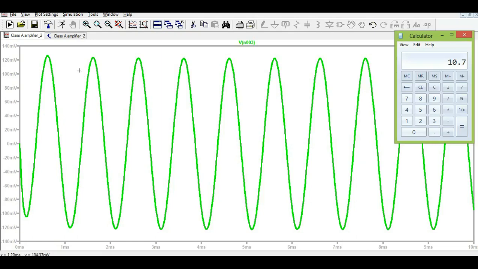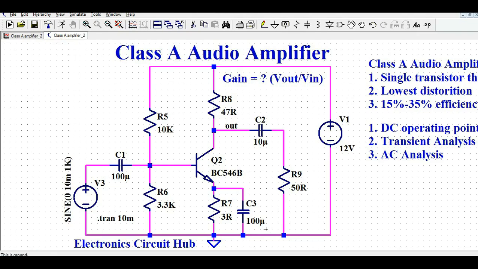Earlier it was 10.7, now it is 12.3. So by playing with these two values, R7, the emitter resistance, and the bypass capacitor C3, you can increase the gain of this circuit.